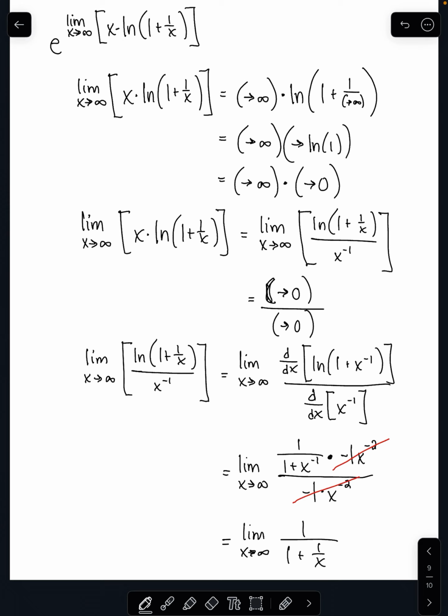But as we've already seen from talking about the natural logarithm, or rather the expression inside of it, when the x approaches infinity, that expression approaches 1. So as x approaches infinity, the denominator of this expression will also approach 1.